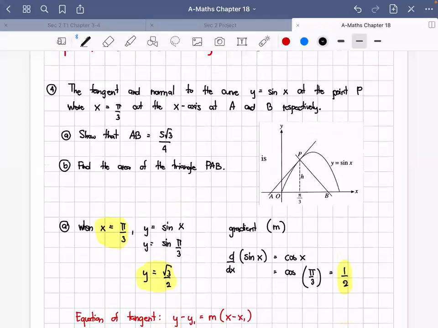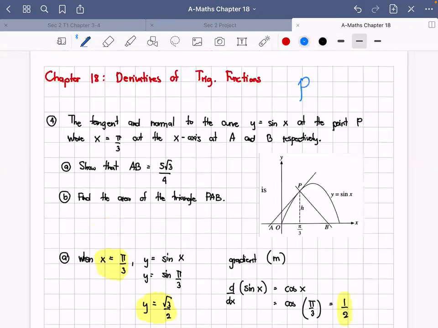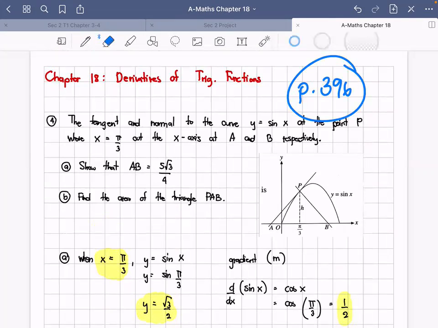Can you guys please turn your books to page 396? Again, page 396, because I just need to explain this question, since I saw this in previous exams before.